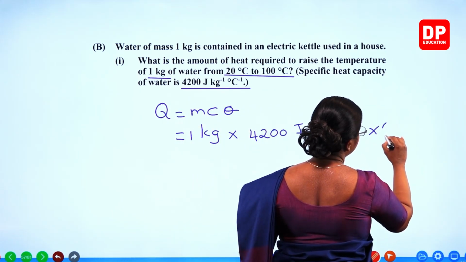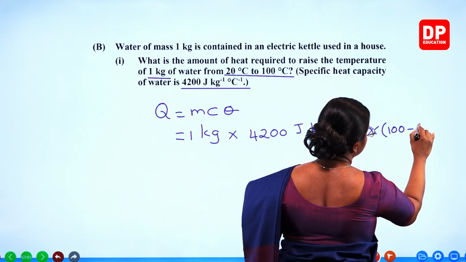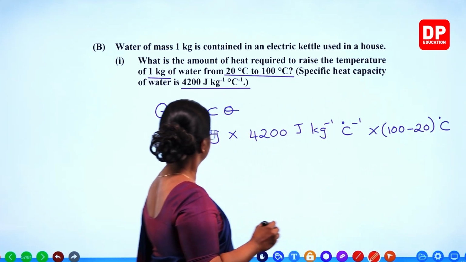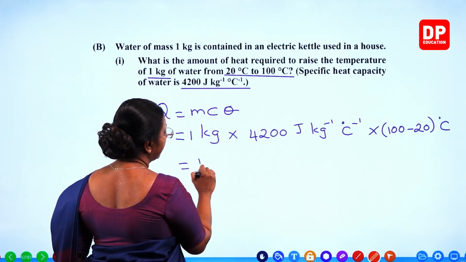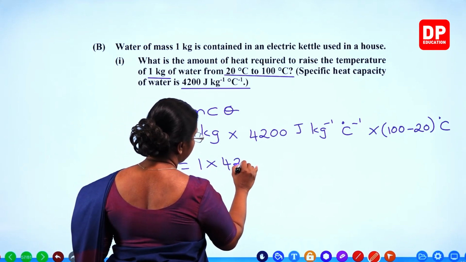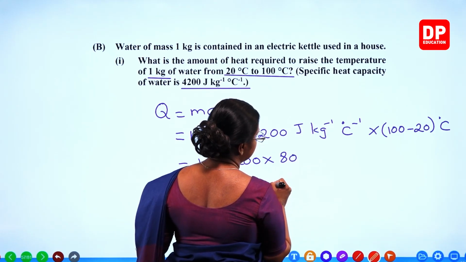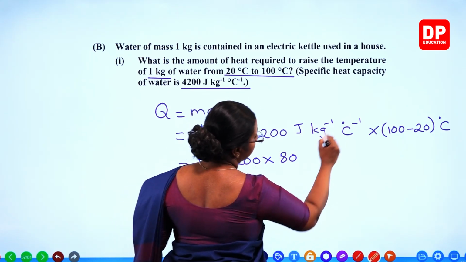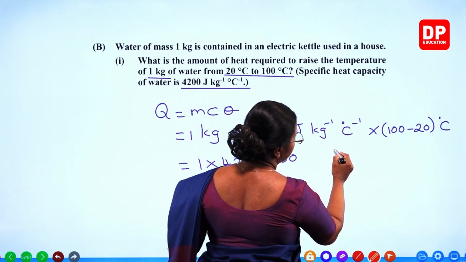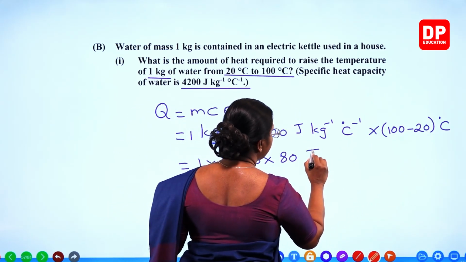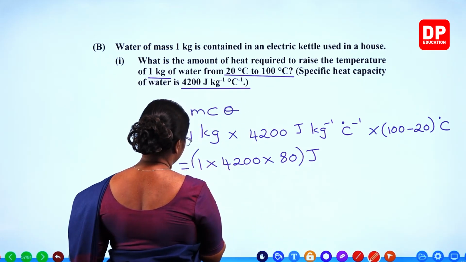The maximum temperature, 100 minus 20 degrees Celsius. So there, if you calculate 1 into 4200 into 100 minus 20, 80, kilogram minus 1 cancels off, degree Celsius minus 1 degree Celsius cancel off. So you get the units in joules.